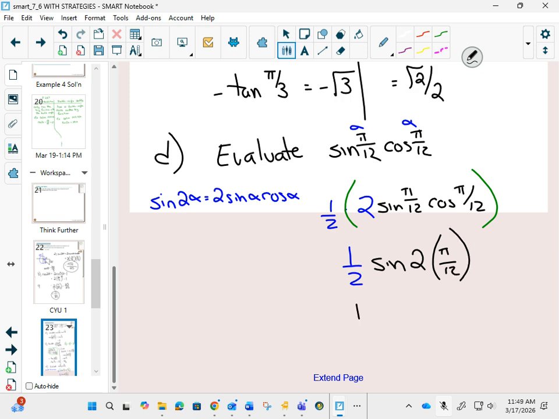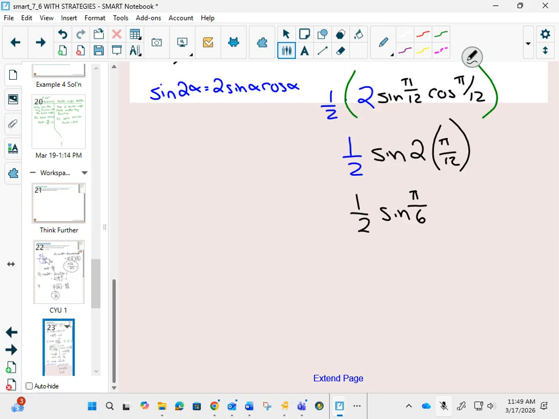Oh my goodness. That's sine of pi over 6, which is a half, and a half times a half is 1/4, which is a lot quicker than having done the pi over 12 questions twice and multiplying both those root 2 plus root 6 over 4s times each other. Okay. Circle questions 4, 5, and 6.